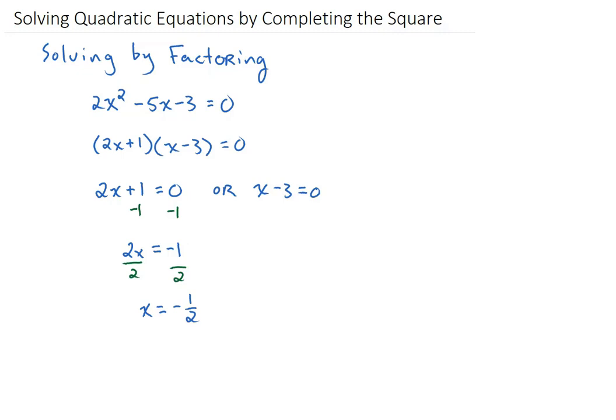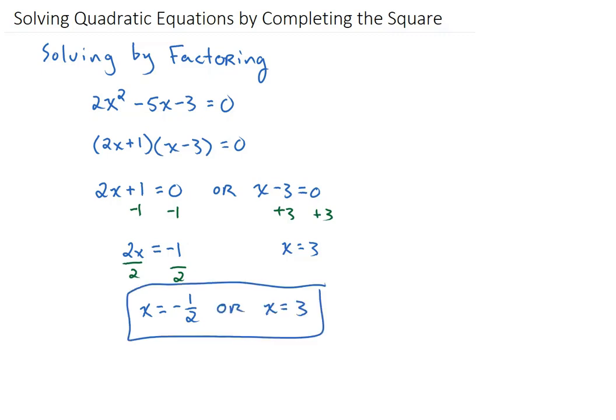So one of our solutions for this equation is negative 1/2. Solving the other equation is a little simpler because all we have to do is add the 3 to both sides. And that gives us that x equals 3. So the solutions for this equation are both of the values we were able to come up with: negative 1/2 and 3.